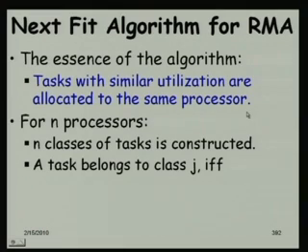Similar utilization means equal? No, we will see, similar means, let us say some tasks have high utilization, 0.8 to 0.1, let us say these are considered as high utilization. So they are one class of task. Then 0.5 to 0.6, they are similar, right. 0.1 and 0.2 utilization, they are similar.